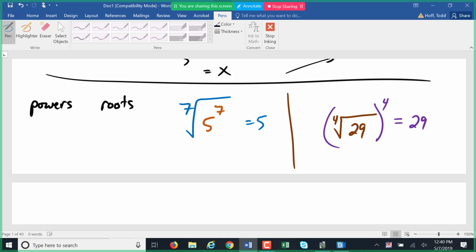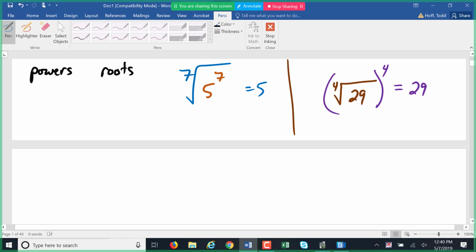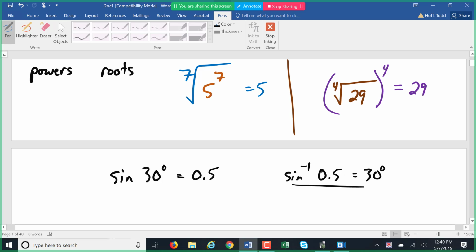We haven't explored it in this course, but outside of this course, you might have seen trig functions and their inverses. The sine of 30 degrees is 0.5. Well, the inverse sine of 0.5 gets you back to 30 degrees. There's inverses in trig functions.